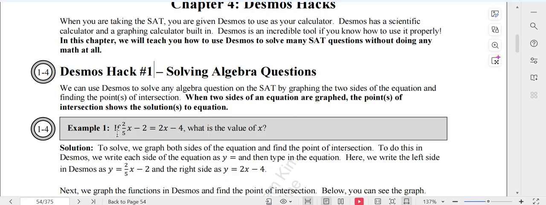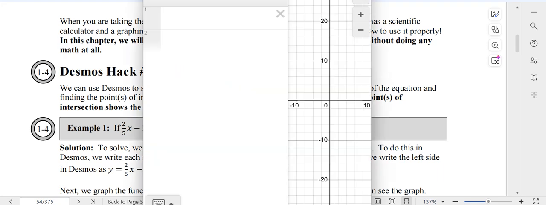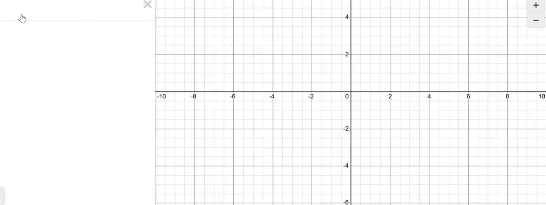So let's solve this one. If 2/5 x minus 2 equals 2x minus 4, then what is the value of x?